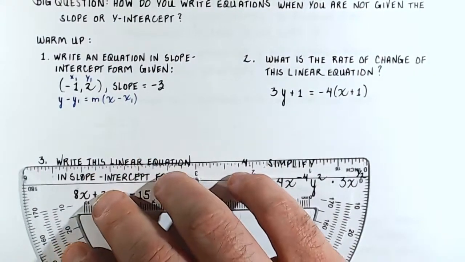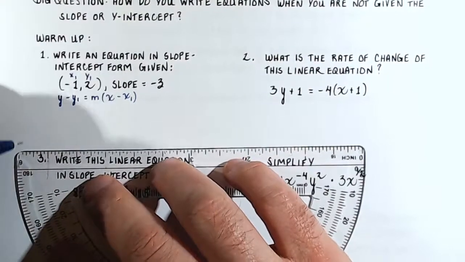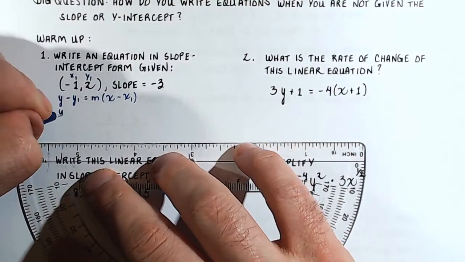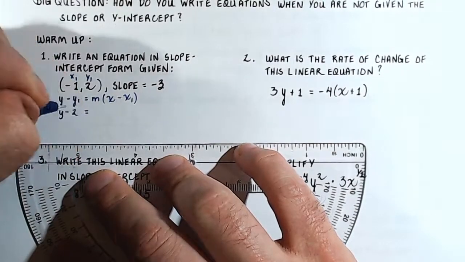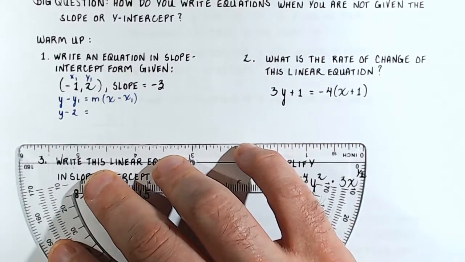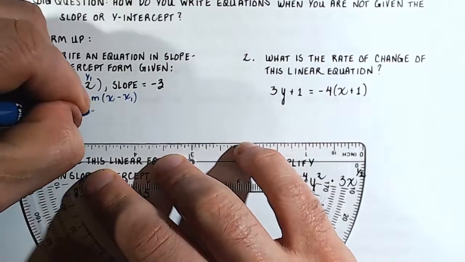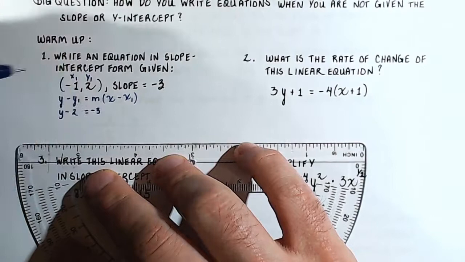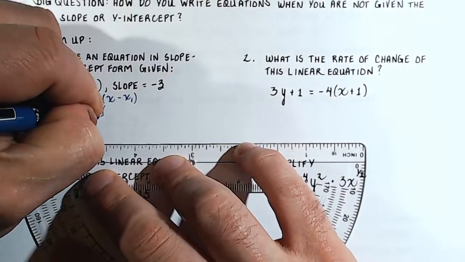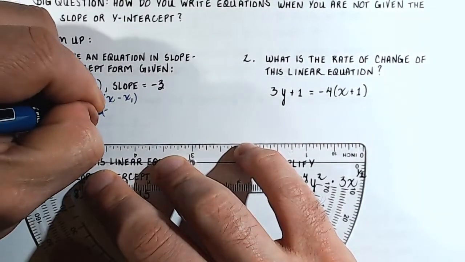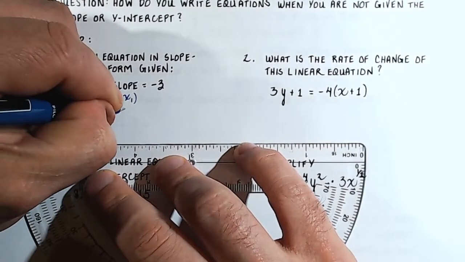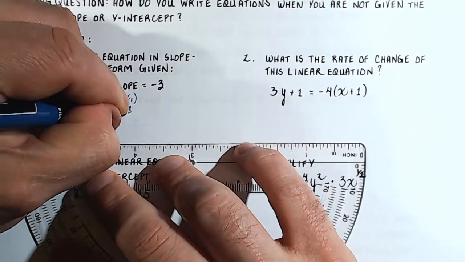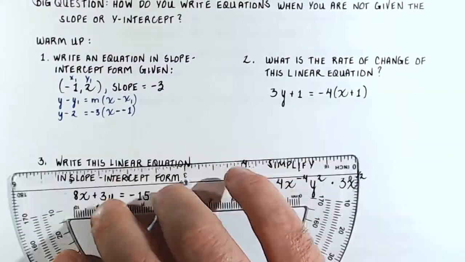Now, we're given all the information we need here, so we write y minus, and then y1 is 2, equals slope of m equals -3, so -3, open parentheses, x minus x1, x minus -1, close parentheses.